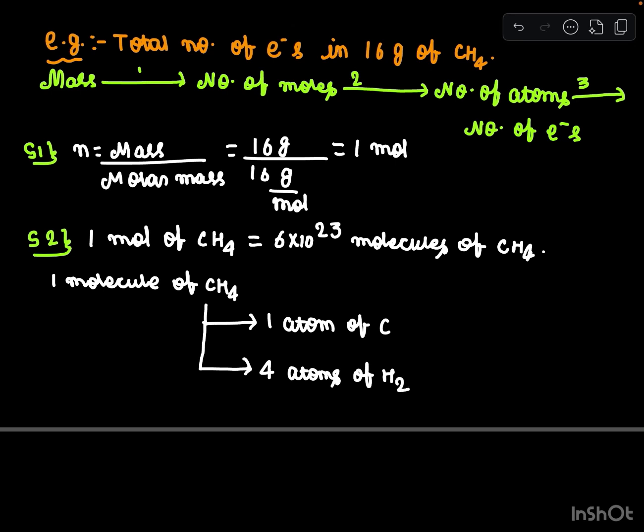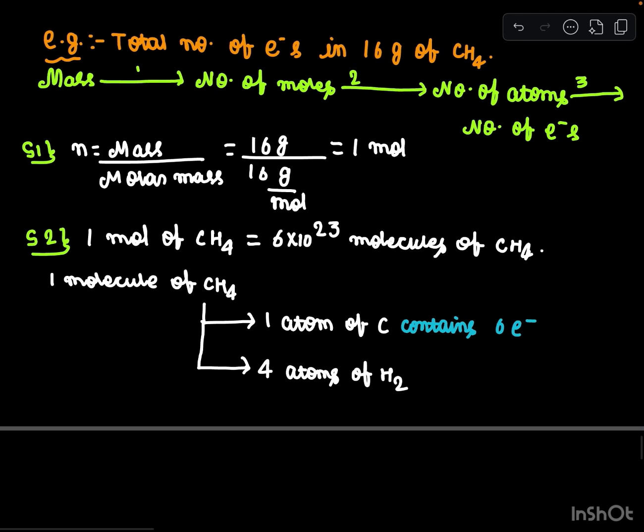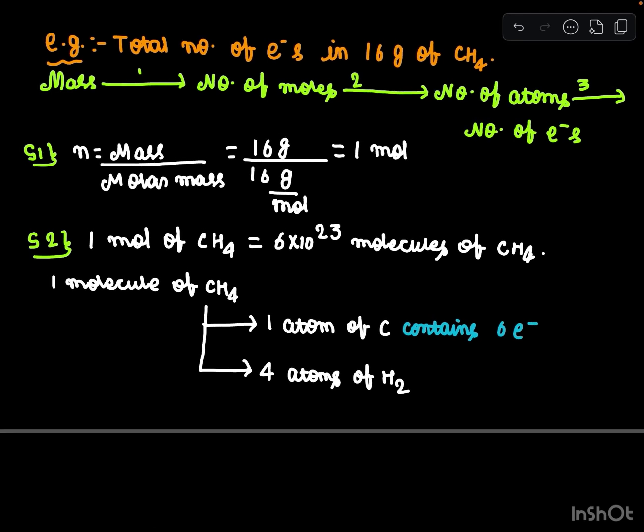Now each atom of carbon contains 6 protons in its nucleus and 6 electrons wandering about its nucleus. So one atom of carbon contains 6 electrons, and each atom of hydrogen contains one electron, so 4 atoms contain 4 electrons.